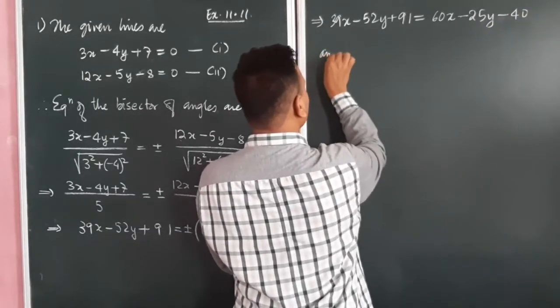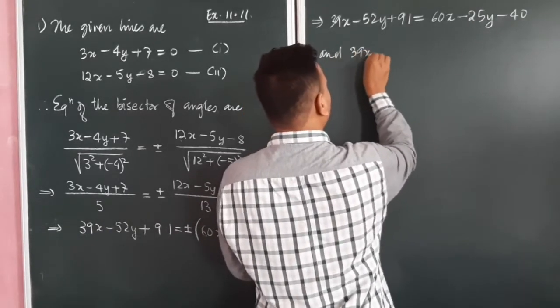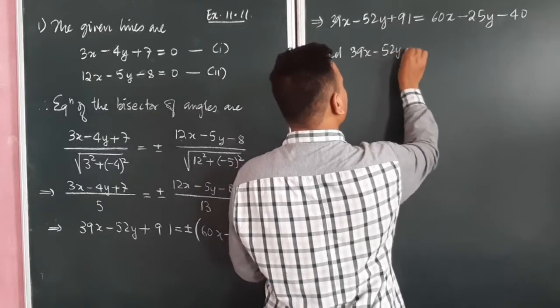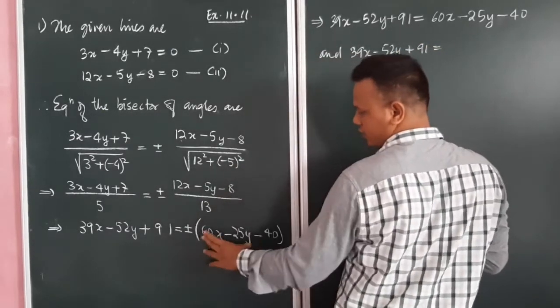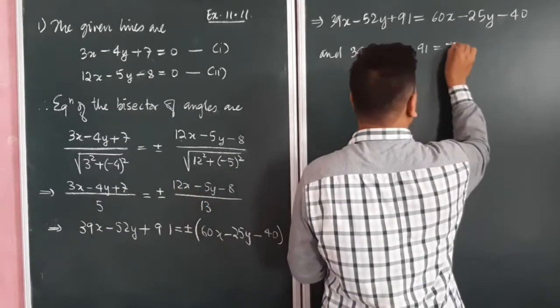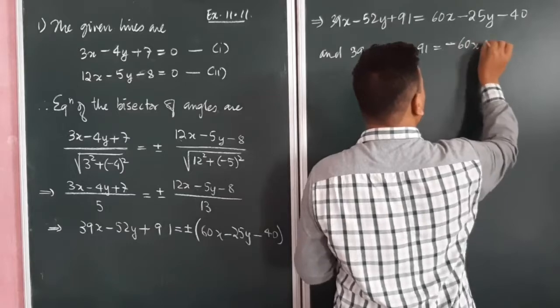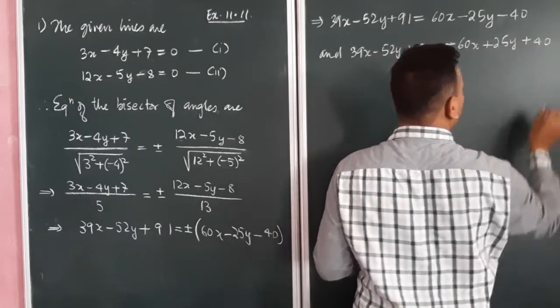And what is the other equation? The left side will remain as it is, 39x minus 52y plus 91 equals, now take the negative one. If you take negative, all the signs become opposite, so we have minus 60x plus 25y plus 40.